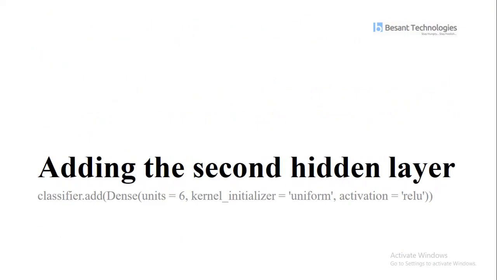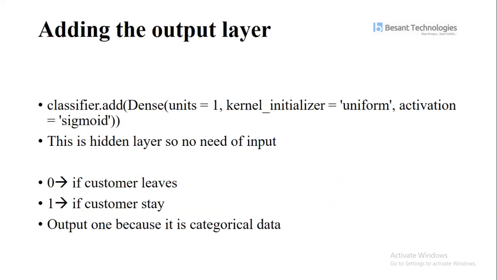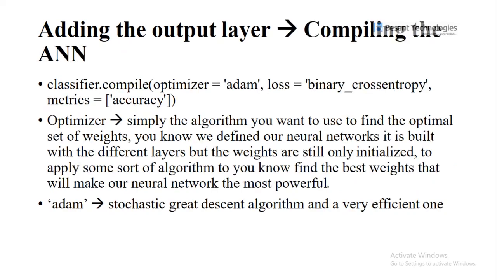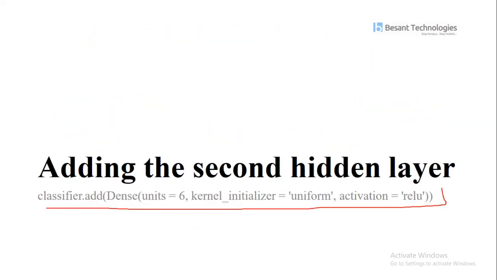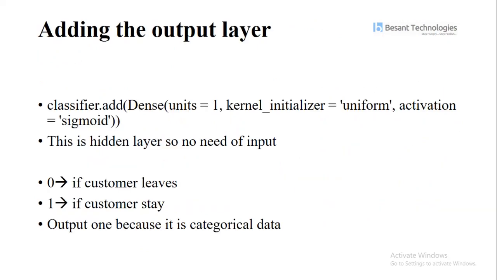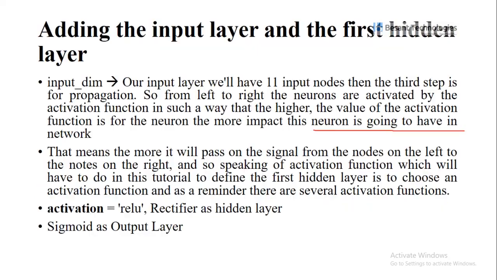The next thing is we need to add the second hidden layer, and this is the script for the second hidden layer. Let's discuss how this hidden layer works. So classifier dot add Dense, we know this is to create the neural network, with units 6, the same as our input layer.